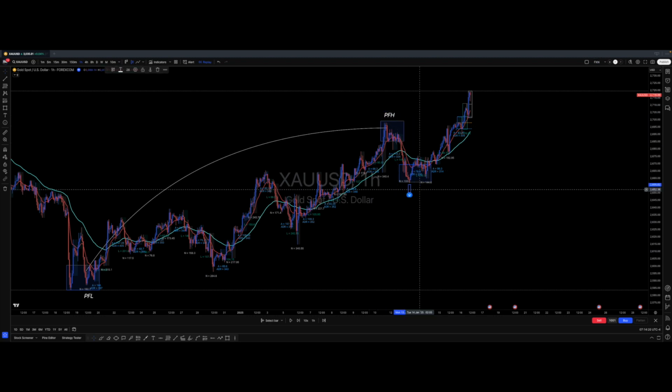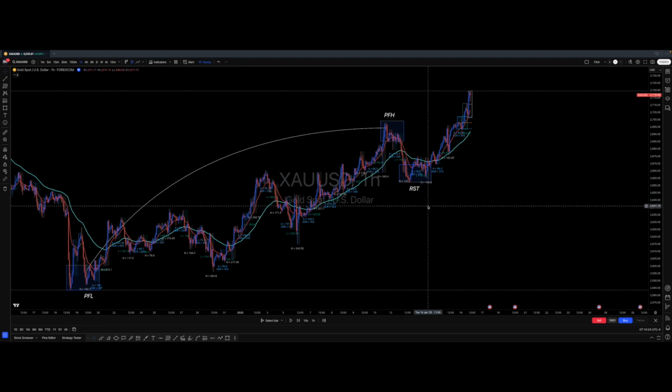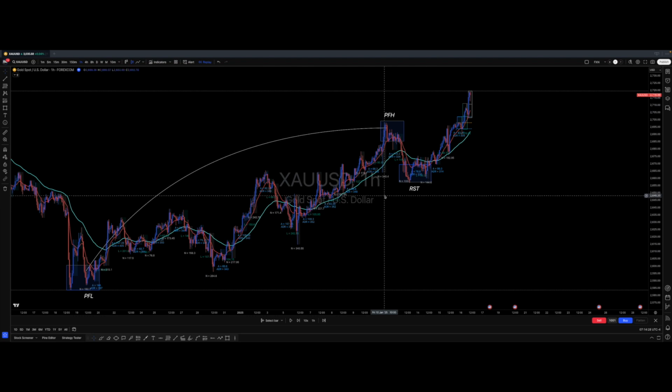This is going to happen a lot on gold. Gold is going to have a lot of resets because if you look at the daily, weekly, monthly chart, gold is pretty much always in an uptrend. So the likelihood of having resets on gold is extremely high.